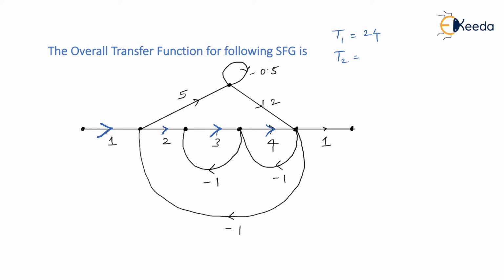So I'll start with this 1, then 5, then 2, and then C of S. That is, take C of S here and this is R of S. So it is 5 times 2, which is 10. So the value of T2 is 10. And then you should understand that there is no other possible forward path. So the formula remains like this: T1 delta 1 plus T2 delta 2, whole divided by delta. Very simple. I'm sure you understood this.